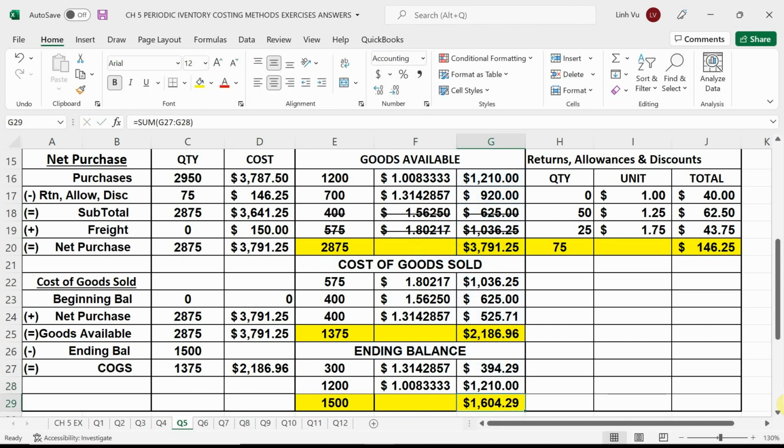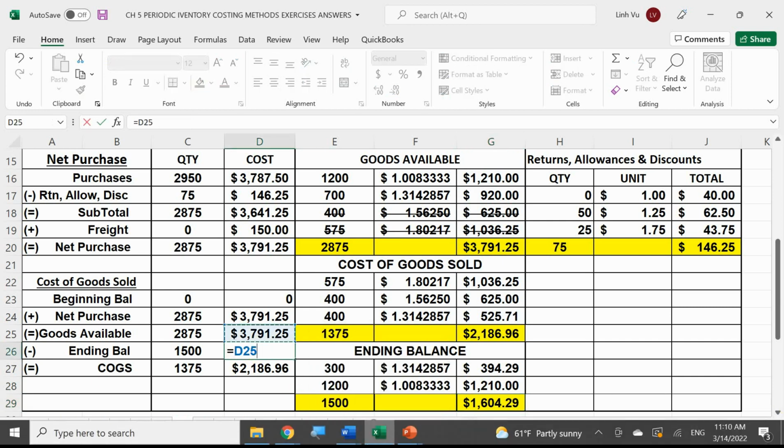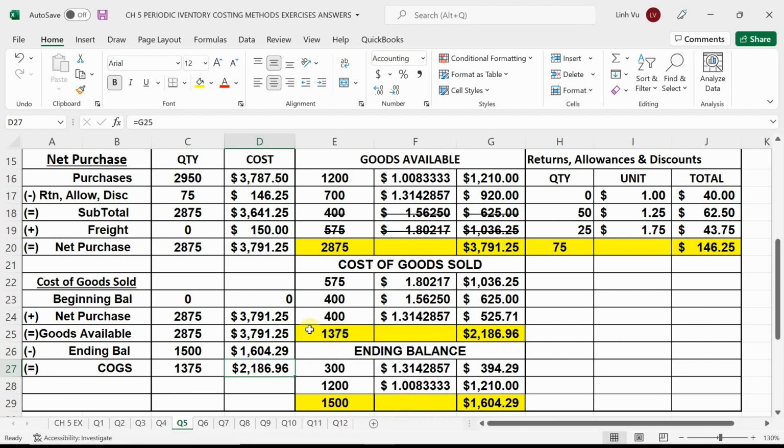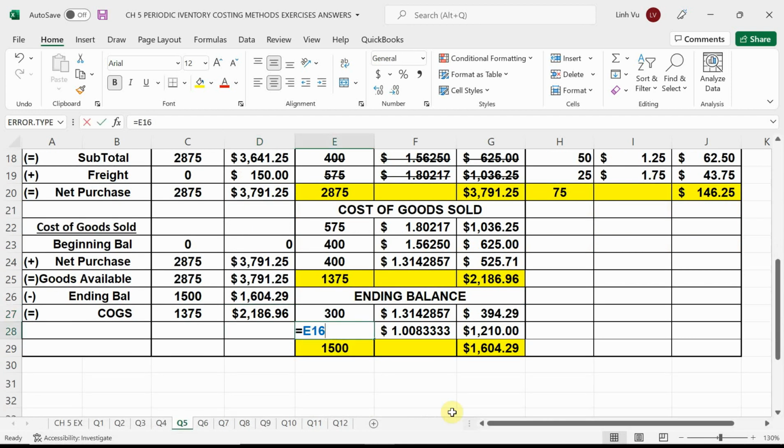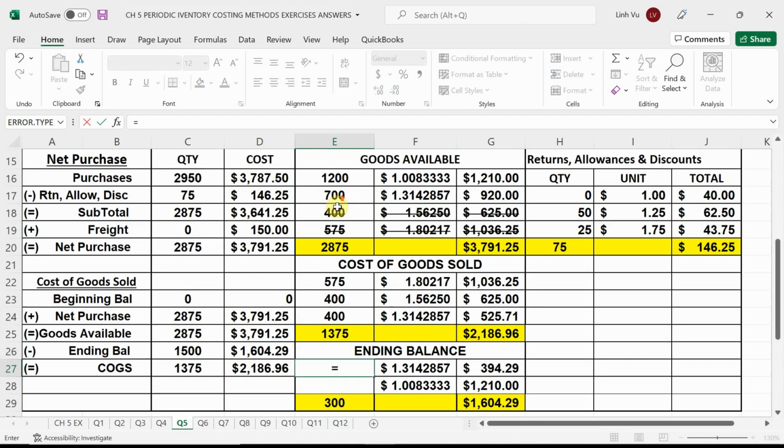My last one I have here is the 100 here, so you should get a total of 1604.29. Okay, so that's my ending balance. In this case, I think I should flip them over just because we want to keep them in order of what we purchased.